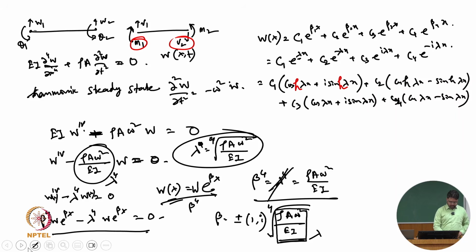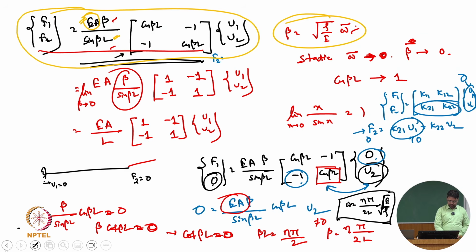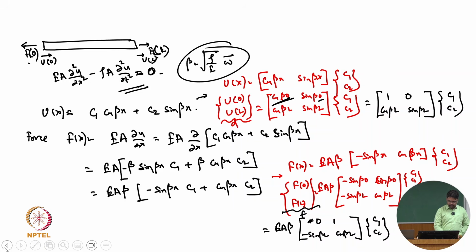So you can see here that we are having these hyperbolic terms: cos hyperbolic, sin hyperbolic, cos hyperbolic, sin hyperbolic, and then you are having cos, sin, cos, sin. Previously, if you recall, go back to the previous case, you have only sine and cosine, not hyperbolic functions. The displacement field was sine and cosine only.